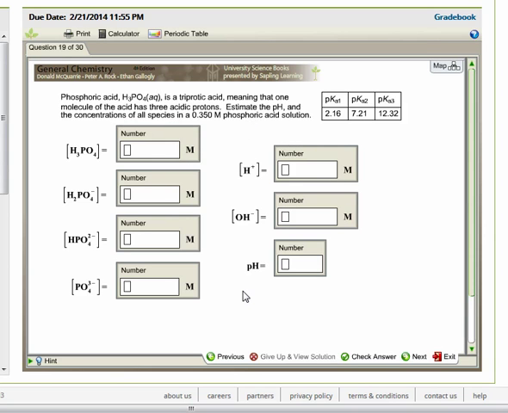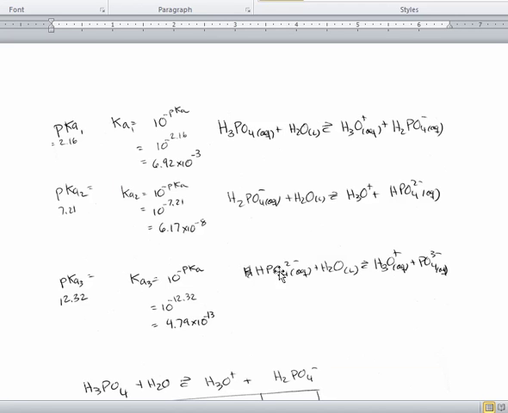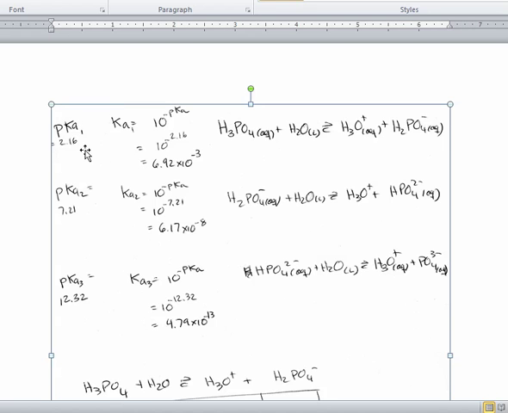So to wrap my head around this problem, I'm going to write out the 3 dissociations that occur, and I'm also going to calculate the Ka for each of these dissociations, and I can calculate that based on the pKa. Remember that p is equal to the negative log of anything. So if I have the pKa, that is the negative log of my Ka.